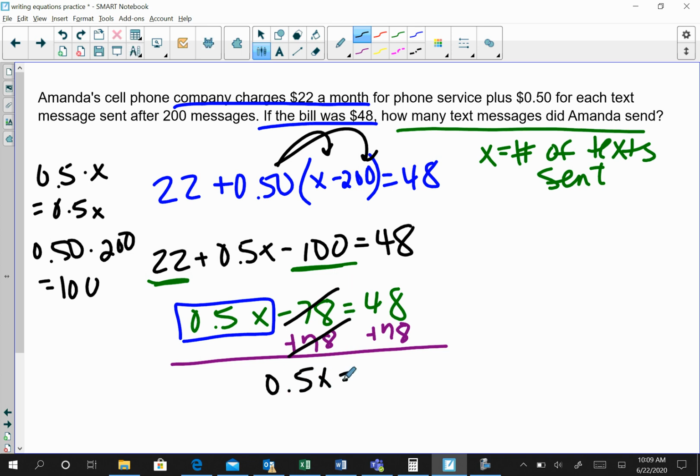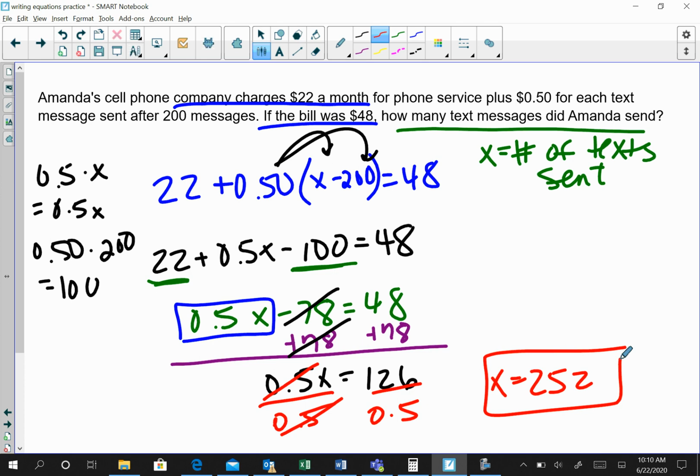I have 0.5x equals 78 plus 48, 126. And now I'm going to divide by 0.5 to get that x by itself. 126 divided by 0.5, x is 252 text messages. So she sent a total of 252. She went over by 52. So there is a way to just play with numbers and figure it out, but this will always produce the correct answer.